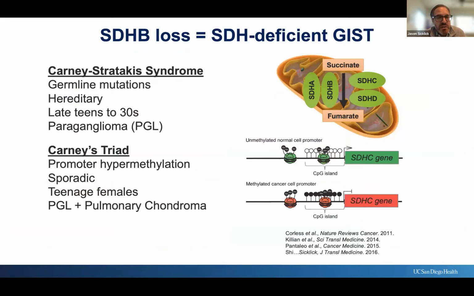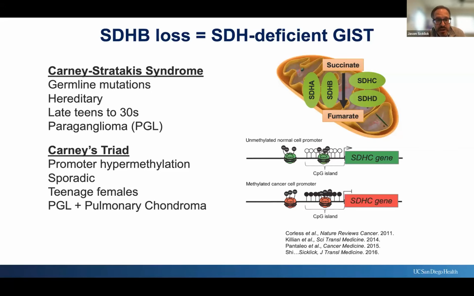These often occur in late teens to the 30s and are associated with paragangliomas, which is a different tumor type. The Carney's triad are these other ones, these SDH epimutant ones, if you will, that are caused by silencing of the SDHC gene by what we call promoter hypermethylation, meaning these black marks that tell the gene to be turned off. And so these are sporadic, meaning that they're not inherited.